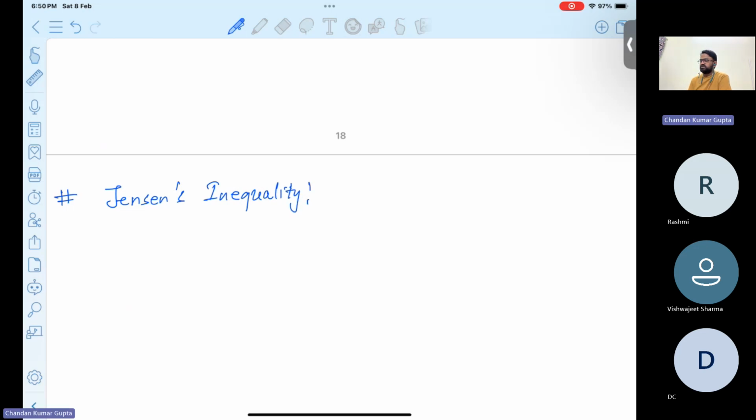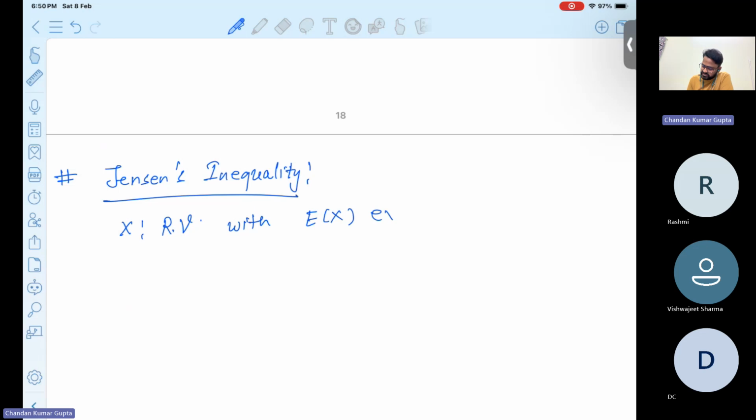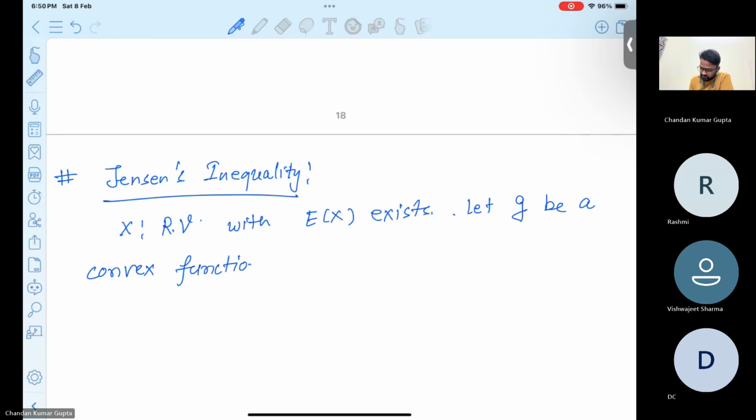Jensen's inequality actually says, suppose X is a random variable with expectation of X existing, and let G be a convex function.